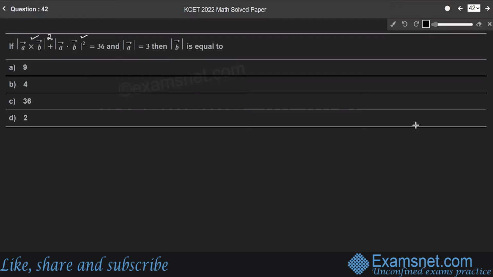Let us express the first part and second part, vector A cross B and vector A dot B, in terms of angles.